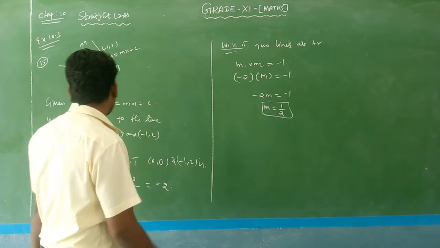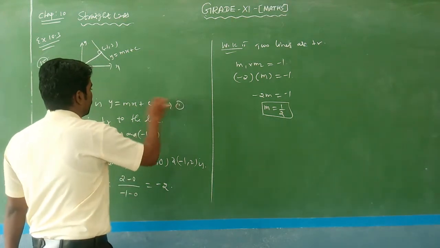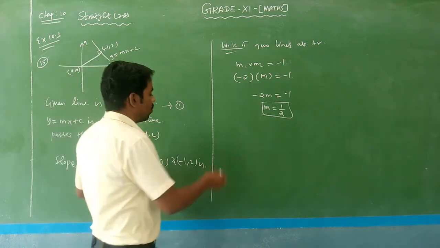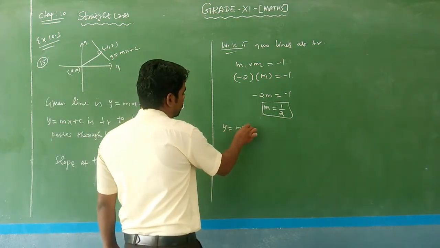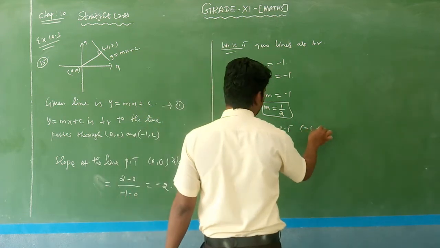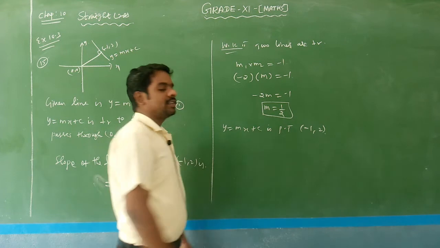Now substitute this value in equation number 1, y equal to mx plus c. This line passes through minus 1, 2, so x is minus 1 and y is 2.